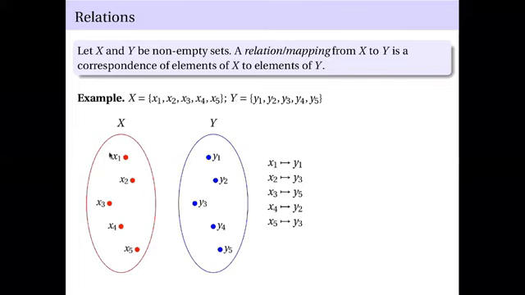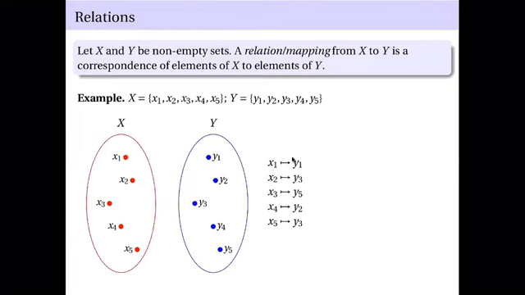As an illustration, say that this red oblong here is the set X, and that X contains these 5 elements. And then you have Y, this blue oblong here, and Y contains these 5 blue dots.